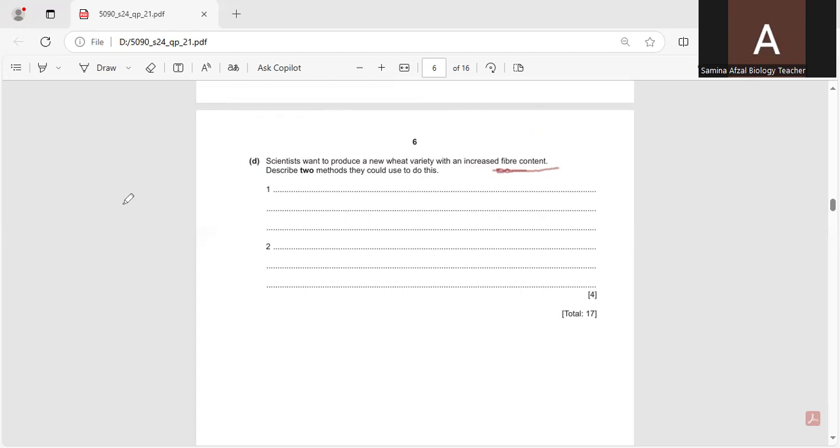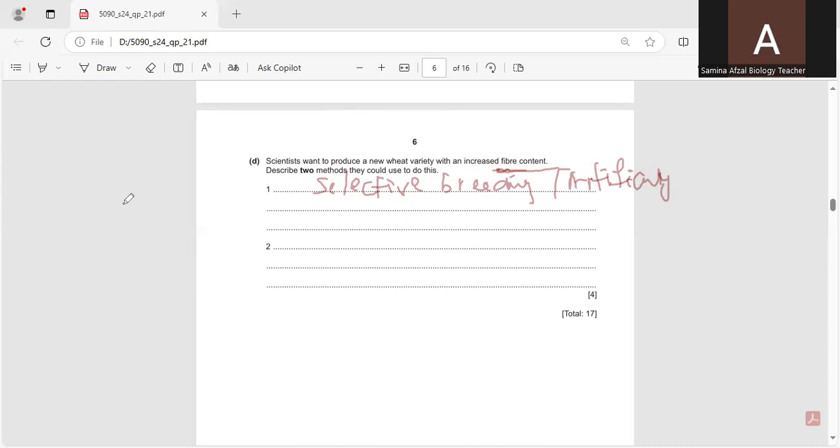One is selective breeding, or artificial breeding. It means this selection takes place by human beings. They will select the plants to grow which are better for increased fiber content. So they will choose those types of plants.